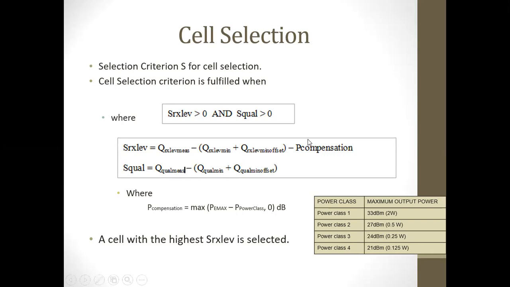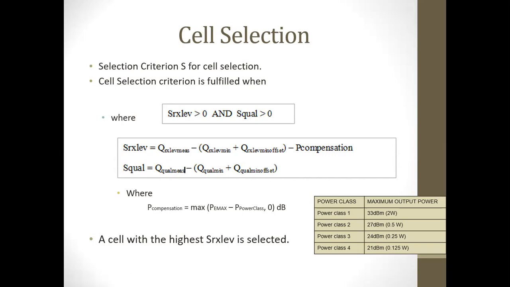For now, forget the last two terms from the first equation. The UE will measure the signal strength, and that measured value is called Qrxlevmeas. Then Qrxlevmin will be subtracted from that value, and it will be called Srxlev. This comes from suitability.